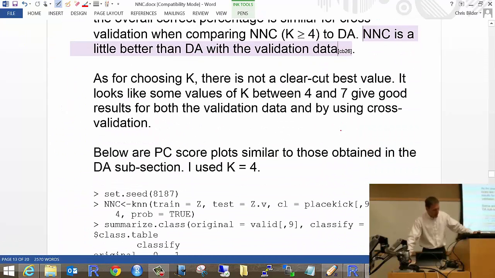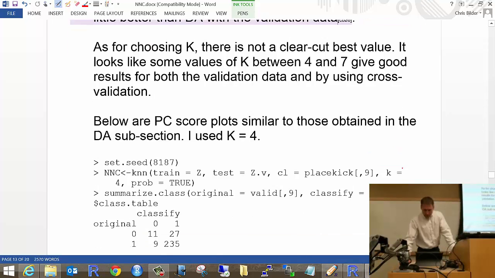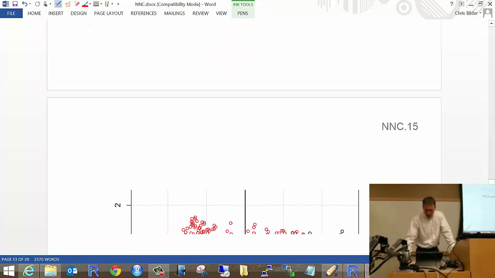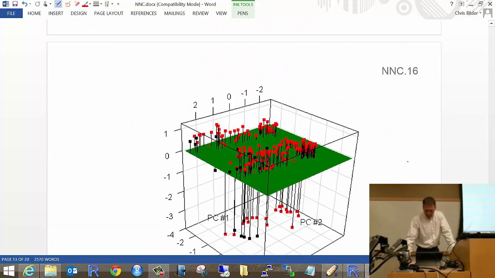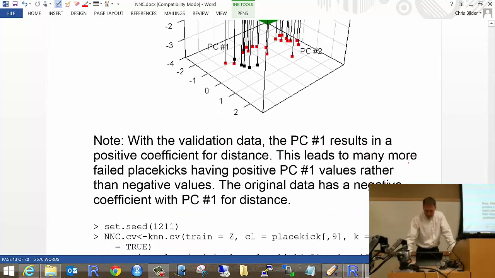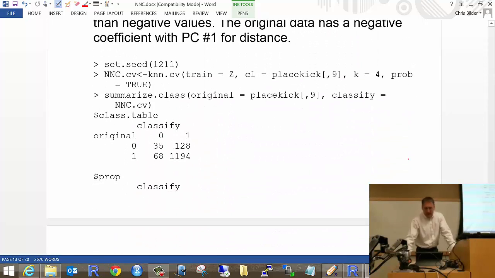I'm going to jump to page 16. We'll come back to stuff on page 14 shortly. So for K equal 4, let's look more specifically at what the results were, and also look at some graphs that help illustrate what nearest neighbor classification is actually doing.